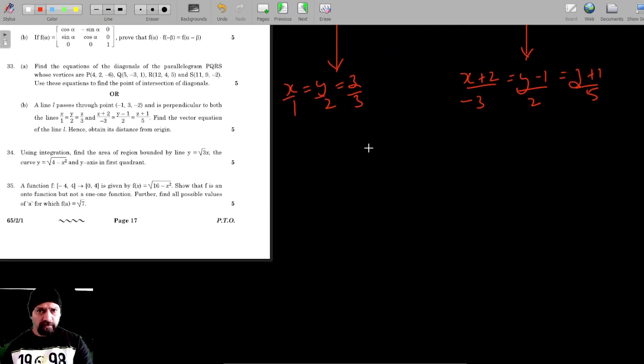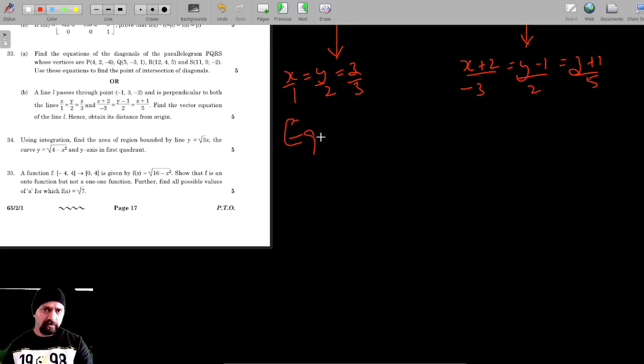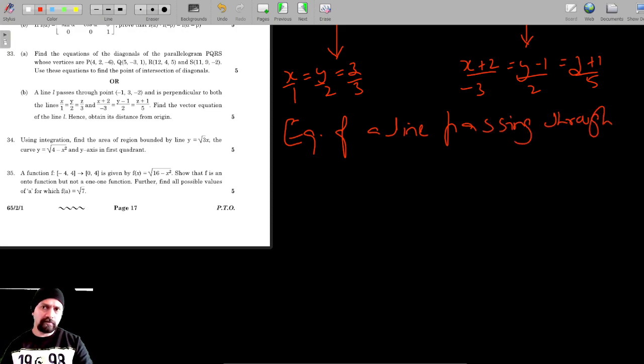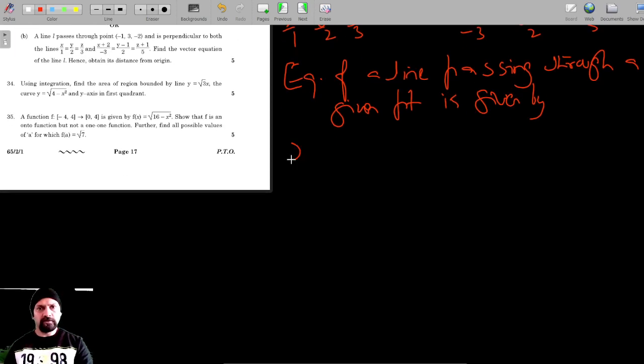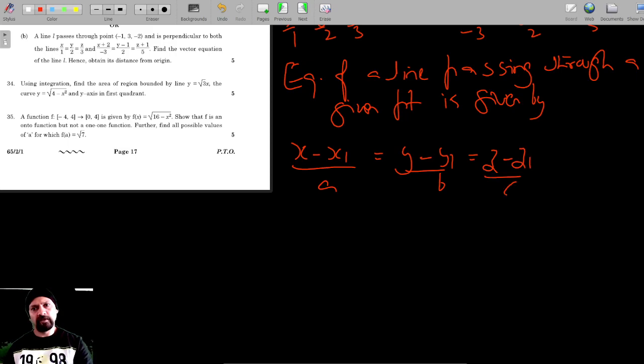Now, the equation of a line passing through a point is given by (x minus x1) upon a is equal to (y minus y1) upon b is equal to (z minus z1) upon c.